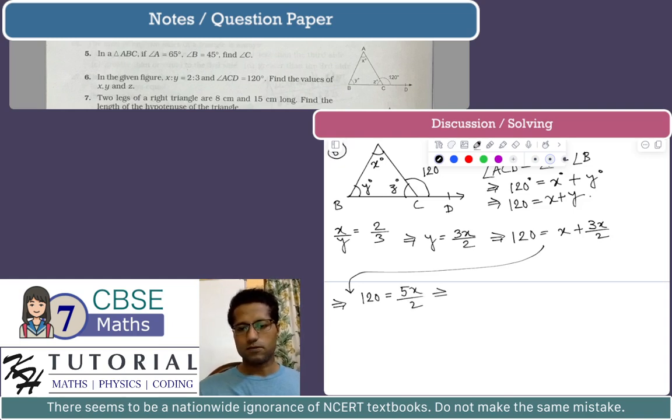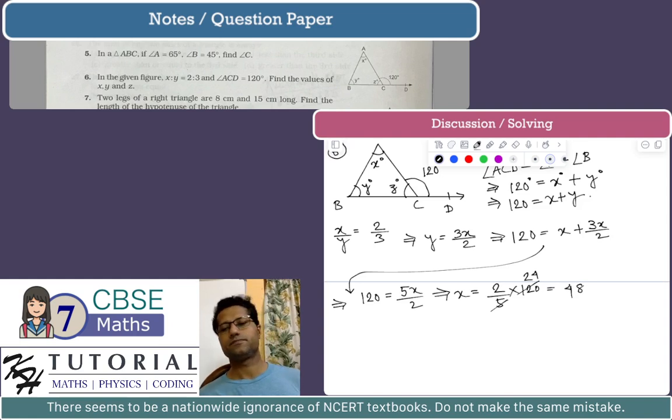So this implies x is equal to 2 by 5 multiplied by 120. This is equal to 48. Okay, so x is 48.